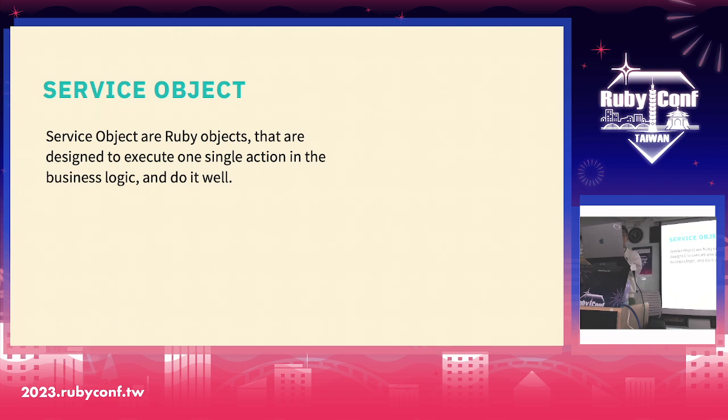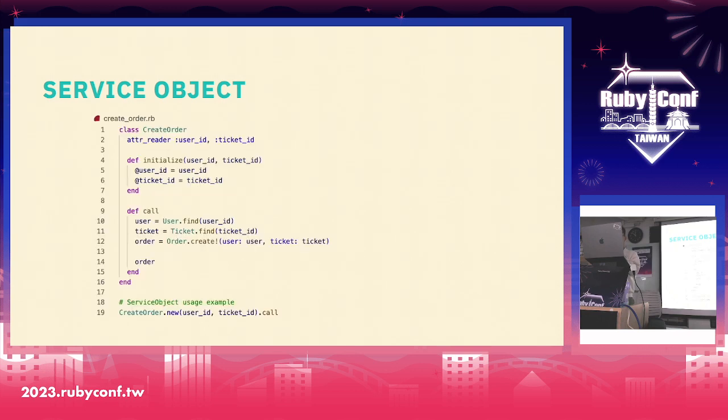It provides a well-defined, reusable API for other parts of the Ruby application. And this is the example. It shows the entire create order, and this is how we use it.